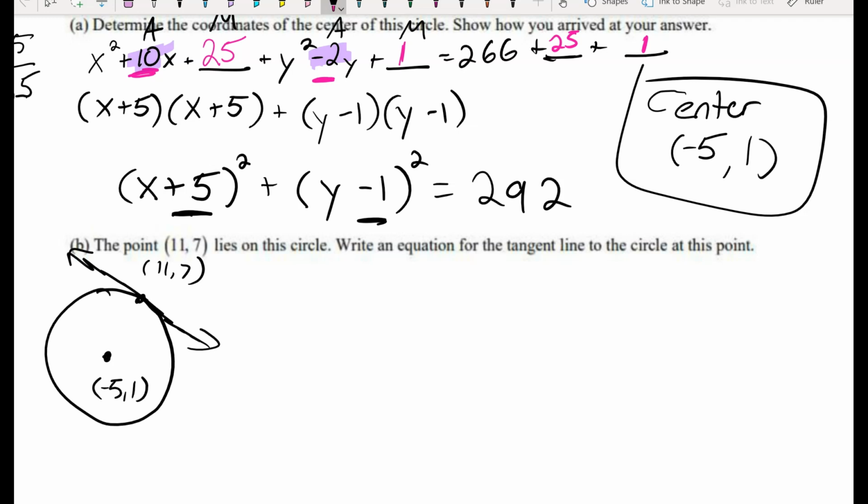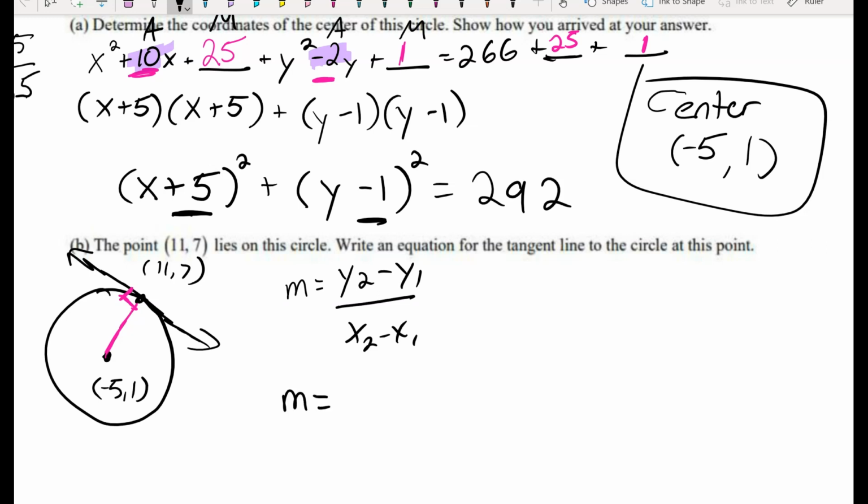So what I'm going to do is find the slope of the radius there by plugging into the slope formula, and then just taking the negative reciprocal because I know they're perpendicular. So the slope formula one more time is y2 minus y1 over x2 minus x1.